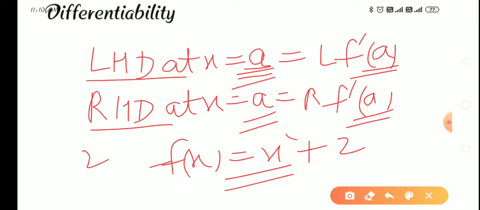If both exist and they are equal, then you can say function f(x) is differentiable at x equals 2, or at x equals a. One more time I am telling you, you have to find LHD and RHD. They must exist and they must be equal. If it is so, then the function will be derivable or differentiable at x equals a.